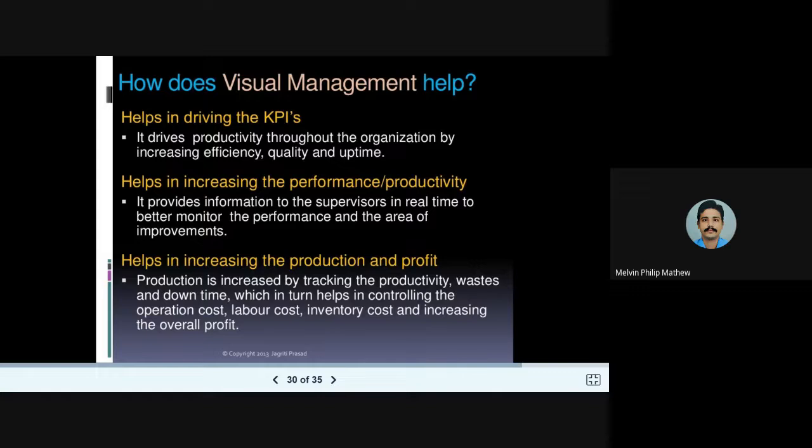These are all utilized for visual management, and it helps indirectly in driving the KPIs. Next, it helps in increasing the performance or productivity.